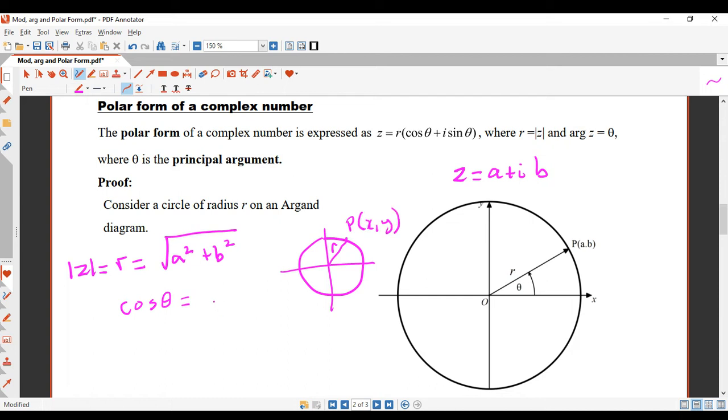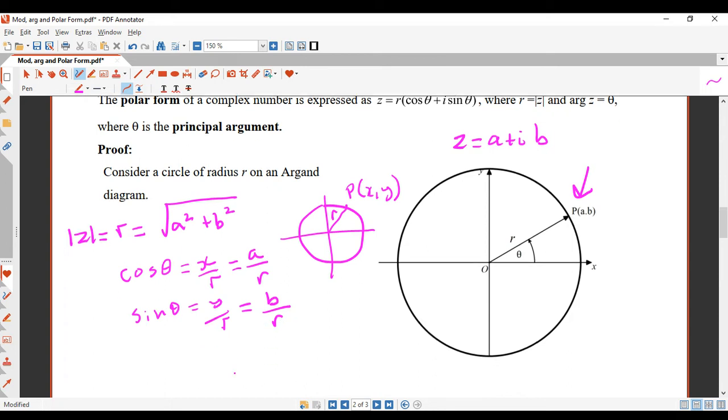You would have learned that cos theta is the x coordinate divided by the radius, and sine theta is the y coordinate divided by the radius. So in this case, our point is (a, b), the x coordinate is a, and r is just the radius. The y coordinate of our circle is b over the radius.